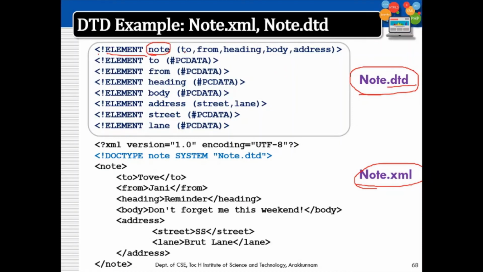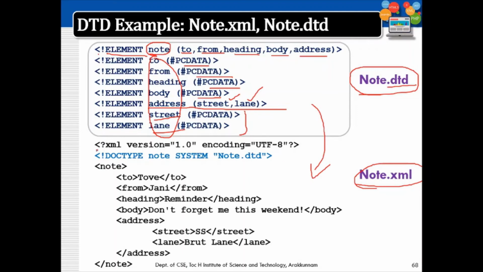Then the root element can contain to, from, heading, body and address as sub elements, and all these sub elements are leaf nodes, so all these are mentioned as #PCDATA. Address is again a nested element. It contains two values, street and lane. Again, street and lane are defined as #PCDATA. So these are the rules, and this rule is being applied to this XML.